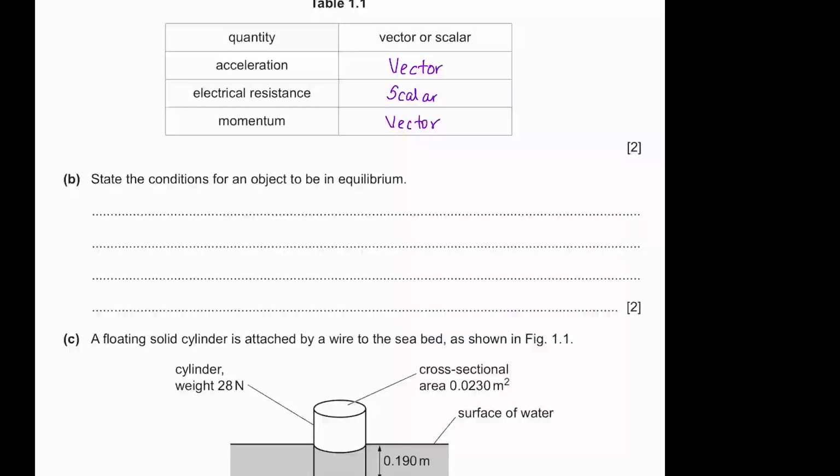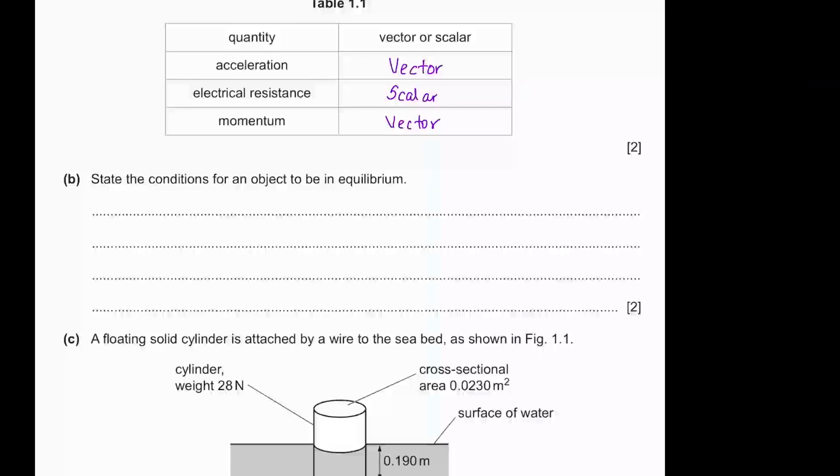There are two conditions that should be satisfied for an object to be in equilibrium. One is the resultant force in any direction should be zero. Condition number 2 is the resultant moment about any point should be zero, which means if you take the moments about any point, the total clockwise moment should be equal to the total anti-clockwise moment.